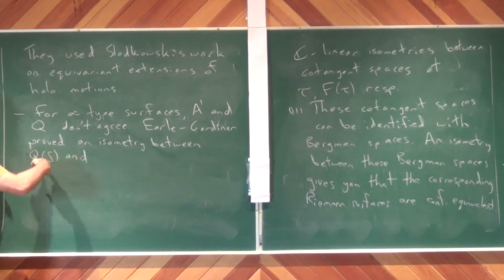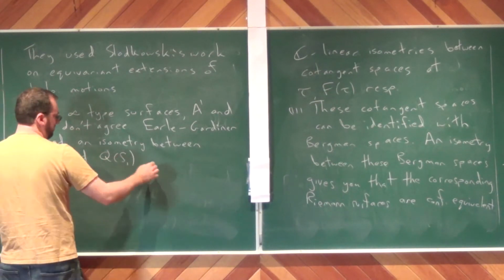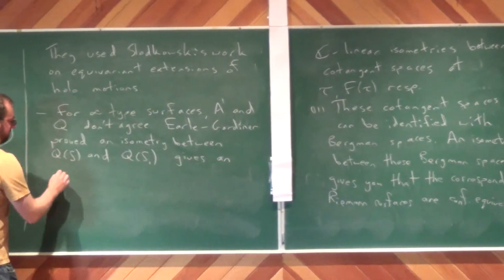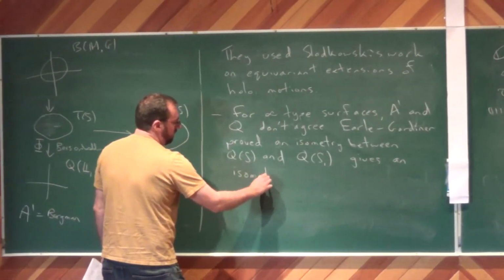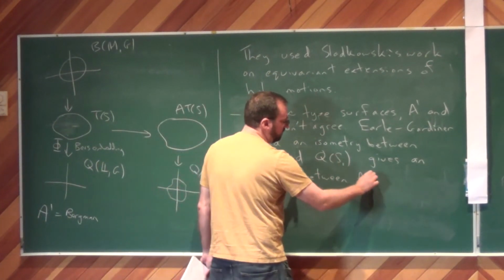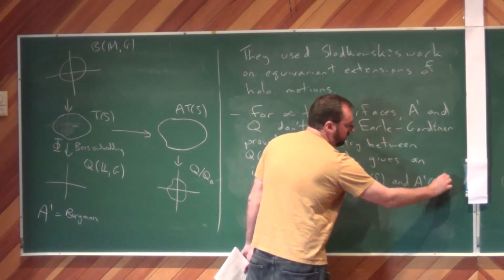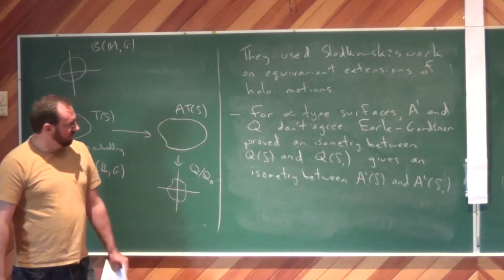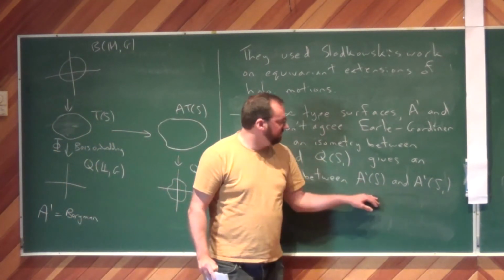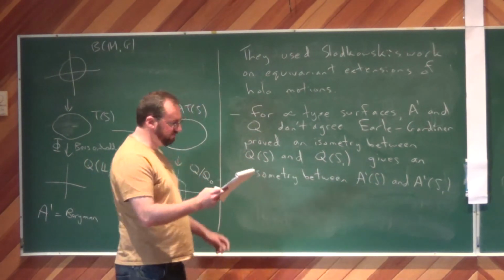So all the complex linear isometries between Q of S and Q of S1 give an isometry between the corresponding Bergman spaces. And it turns out that it's easier to deal with complex linear isometries on the Bergman spaces than on the Q spaces, so that's why we're doing this.